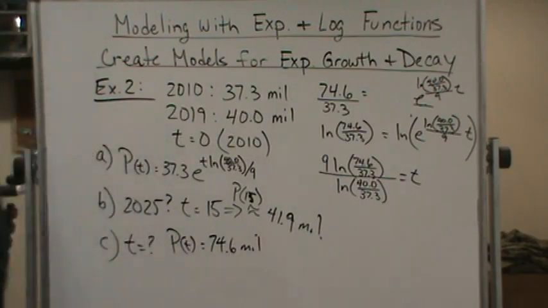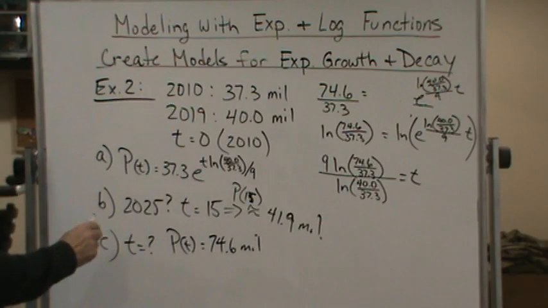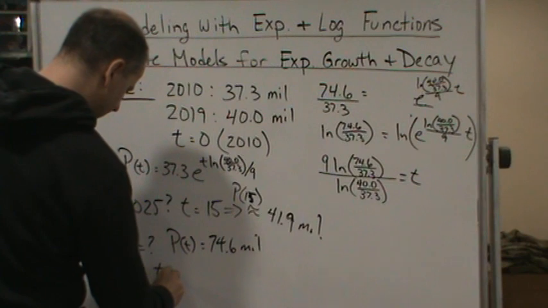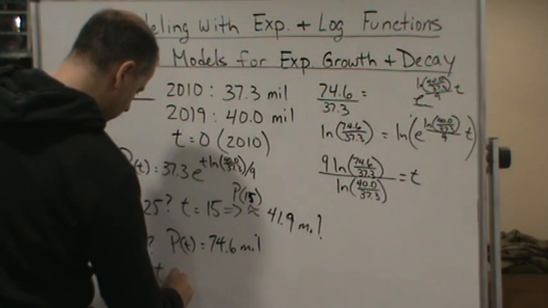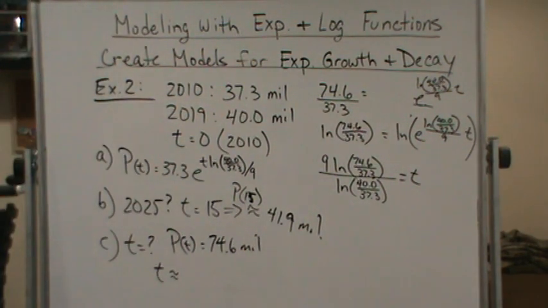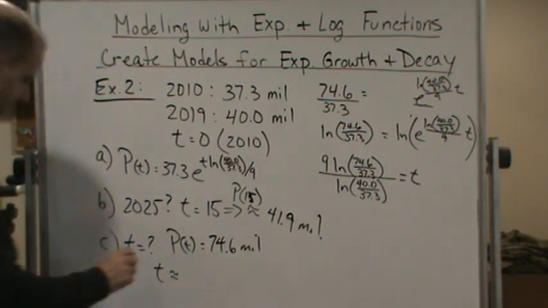What's the question we wanted to answer? It says determine the year the population of California will double what it was in 2010. What I got for t was approximately 89.3 years.